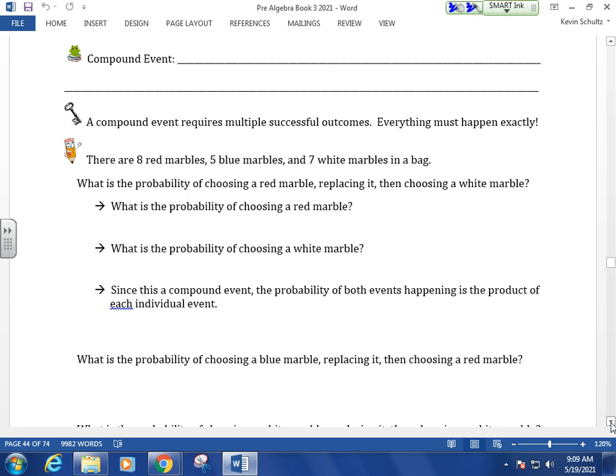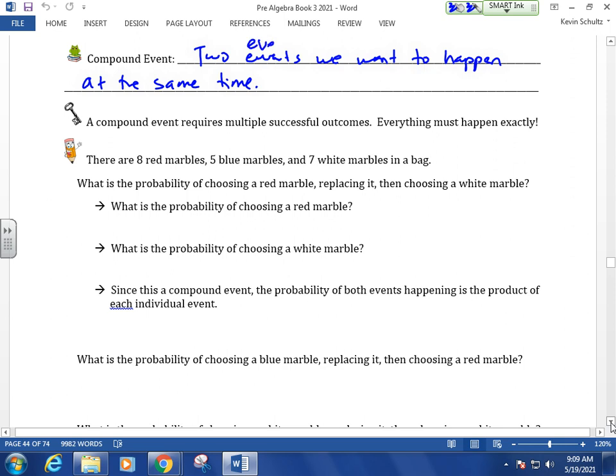So a compound event is two events we want to happen at the same time, or one after the other.